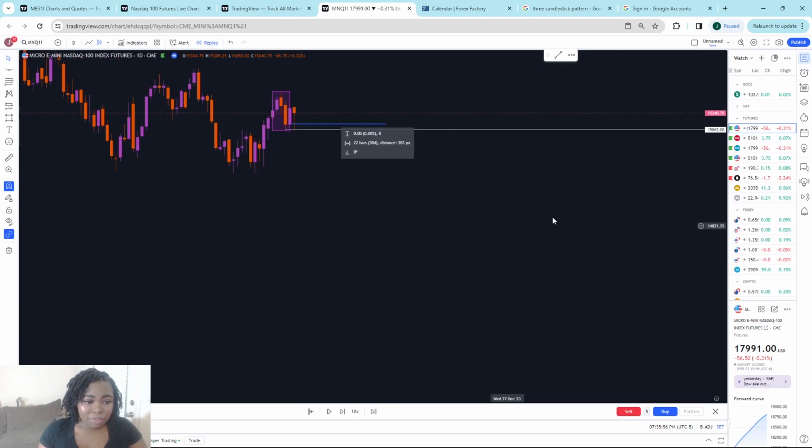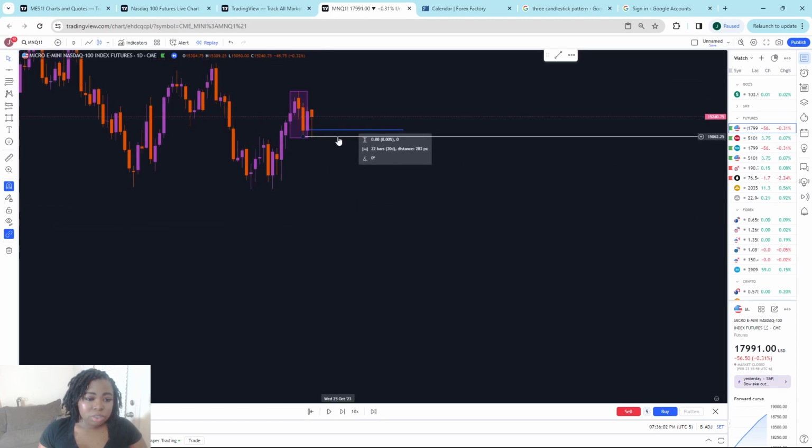And once I have that, the next thing that I like to do is mark out the third candle's swing low. So again, for this scenario, since the wick is higher than the first and the third candle, then I'm going to look for the third candle's swing low, and vice versa.